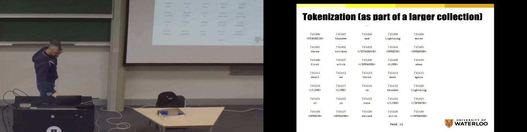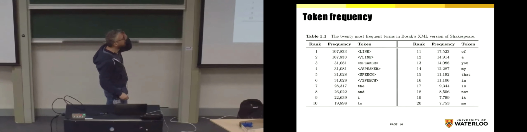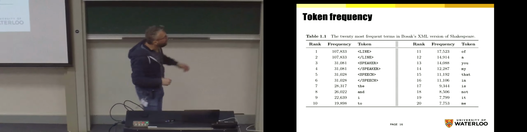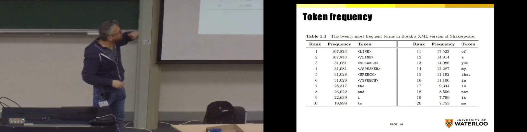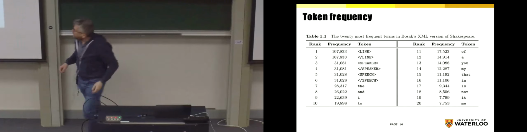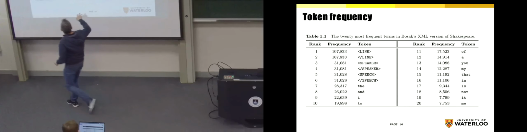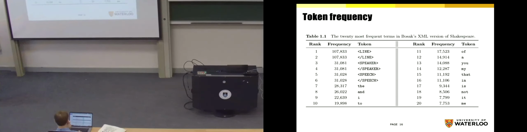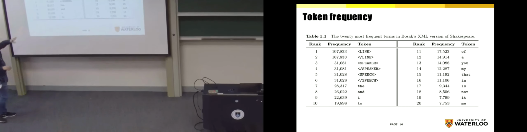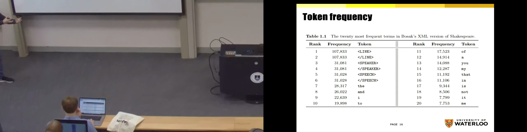And then it's kind of interesting, these words. A guy called Bosak put the collection together in XML, and I took that collection and tokenized it. And here is the frequency of tokens. Interestingly enough, this is what you'll always see with this kind of data: the structure of the data dominates the tokenization. So what's in Shakespeare?